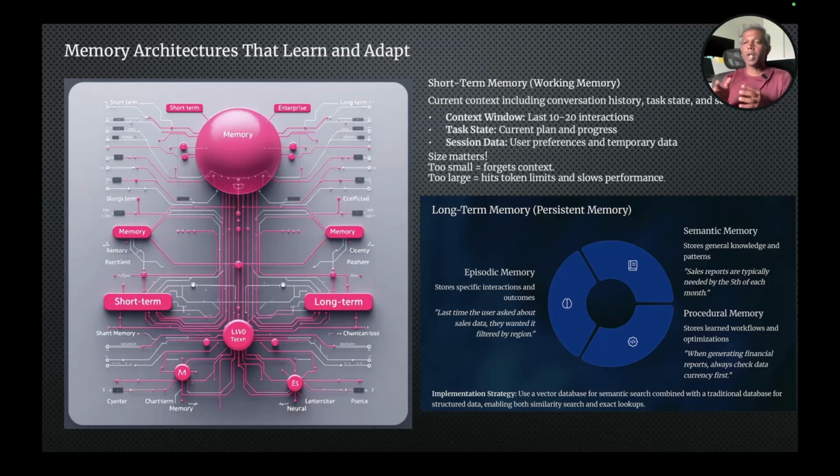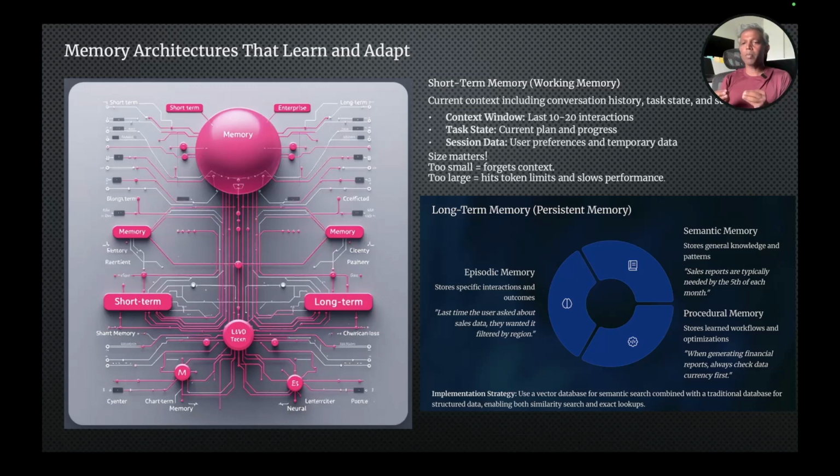And semantic memory stores general knowledge and patterns. For example, if your sales team wants to retrieve the sales data every fifth of the month, then it will keep this in mind and it will pull the data for every fifth of every month.